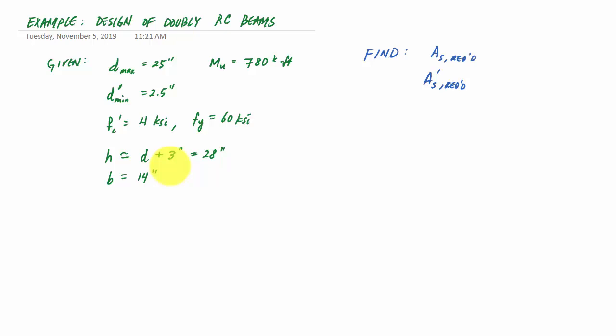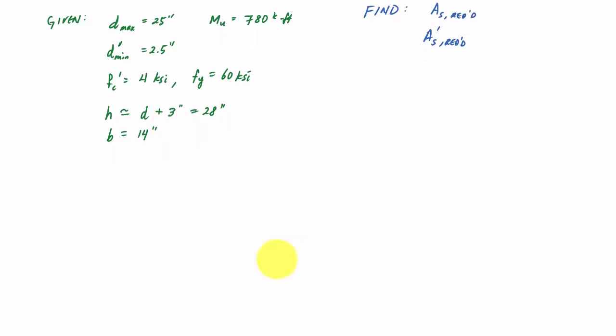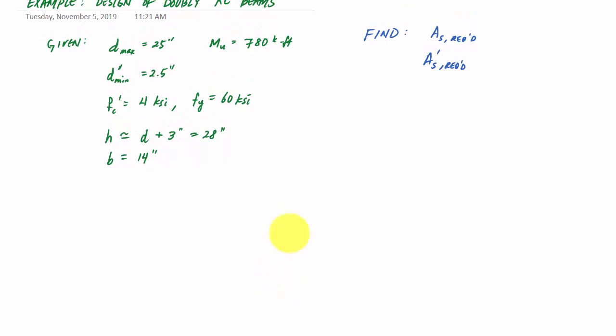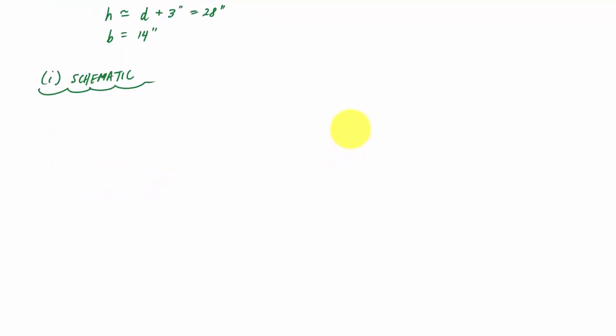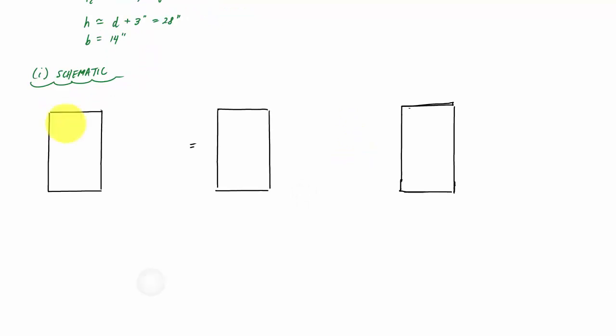So we have a big clue about the cross section. Considering the schematic, I'll tell you right now, the singly reinforced part is not going to be enough, obviously, otherwise it's not going to be a thing.